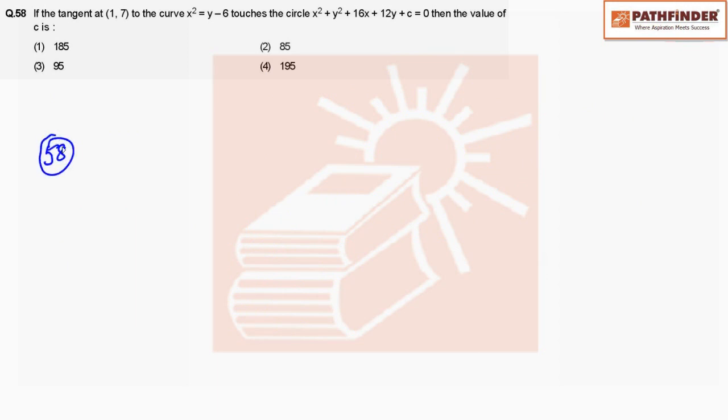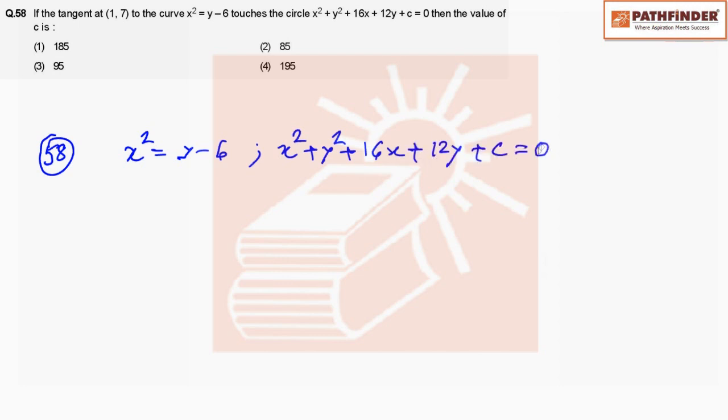58 is saying that the tangent at 1, 7 to the curve x square equal to y minus 6 touches the circle x square plus y square plus 16x plus 12y plus c equal to 0.